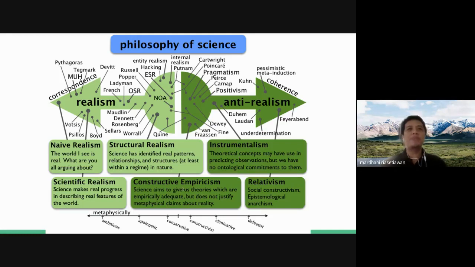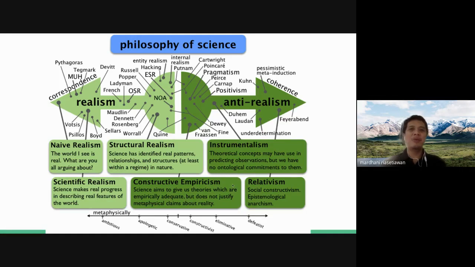We also have constructive empiricism. Science aims to give us theories which are empirically adequate, but does not justify metaphysical claims about reality. It's not fiction, sorry, theories. So it's right empirically, but not generally.